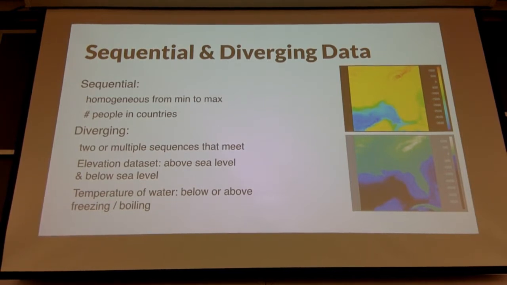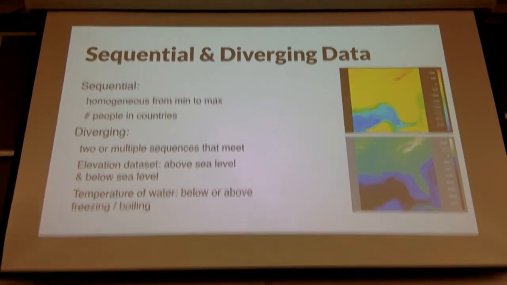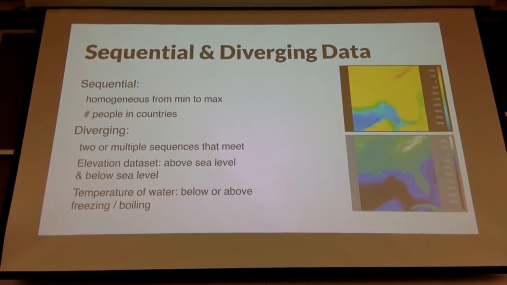So in an elevation data set, clearly you want to have a diverging color scale for above sea level or below sea level. For example, for the state of water at sea level, you could have a three-part color scale, right? Below freezing, essentially in solid form, in liquid form, in gas form. That would be a reasonable color scale for water.